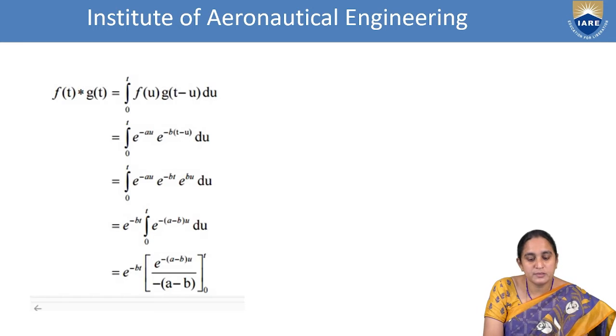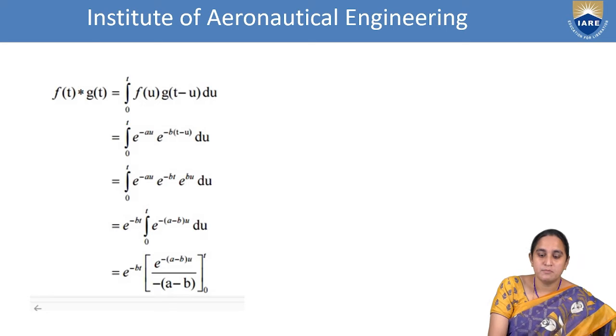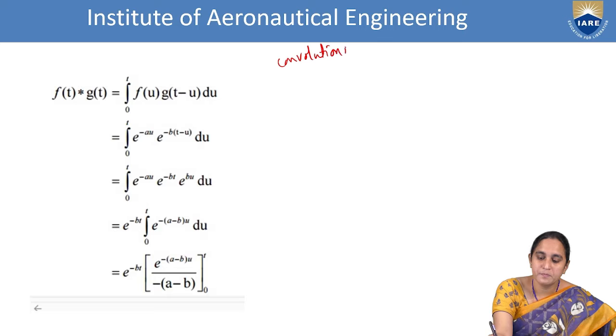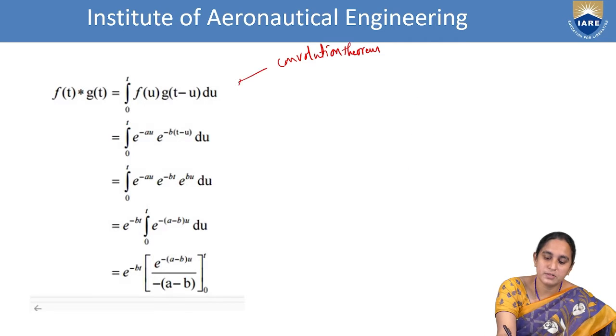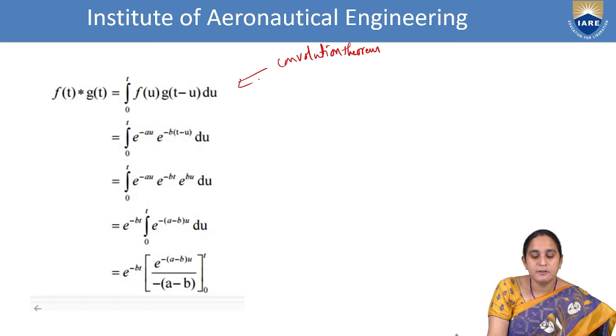By the convolution theorem, f of t star g of t is equal to the integral from 0 to t of f of u into g of t minus u du.